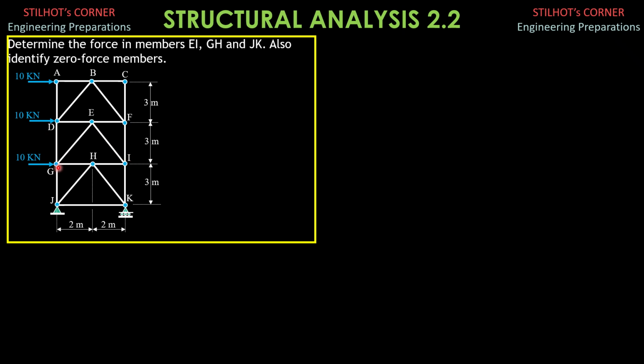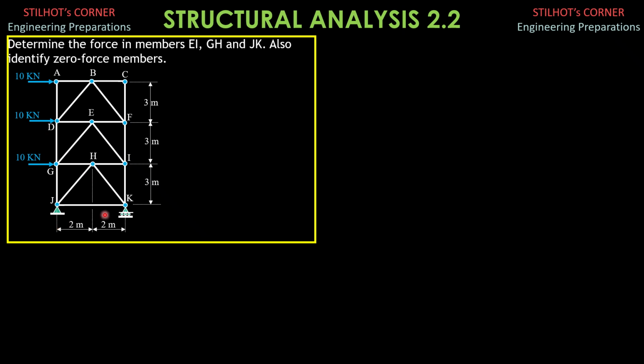Then we go back to joint G, isolate it as a free body diagram to solve for the force of GH, which is also required, by summing up forces horizontal. Then, in the later part, we solve for the reactions at J, horizontal and vertical. The horizontal is obviously 30 kilonewtons leftward.